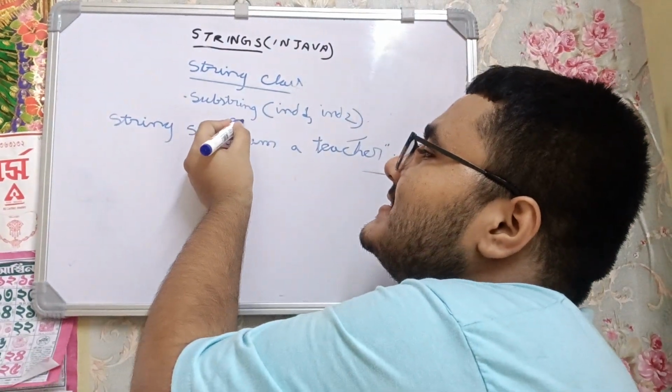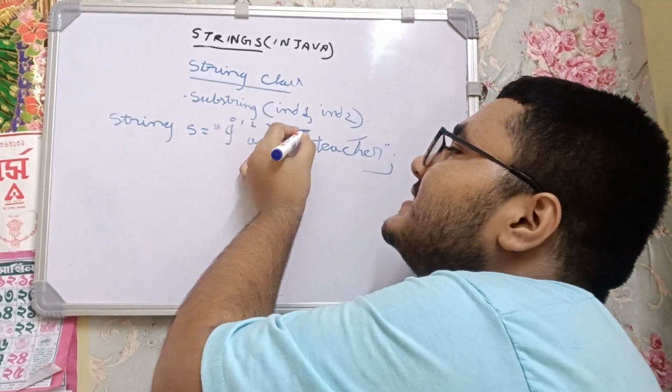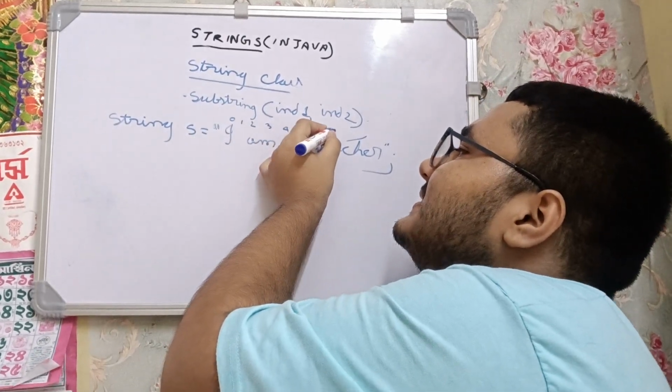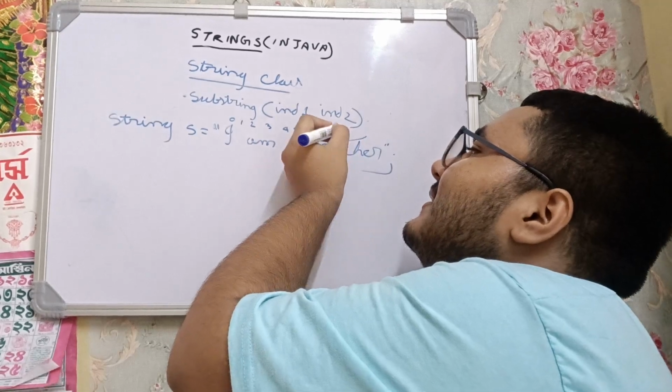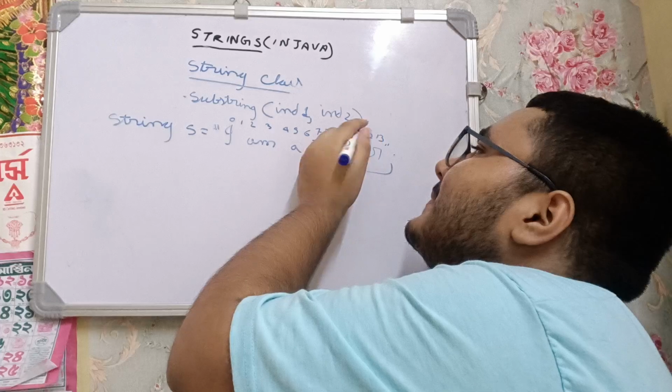I am marking the indexes 0 1 2 3 4 5 6 7 8 9 10 11 12 13.